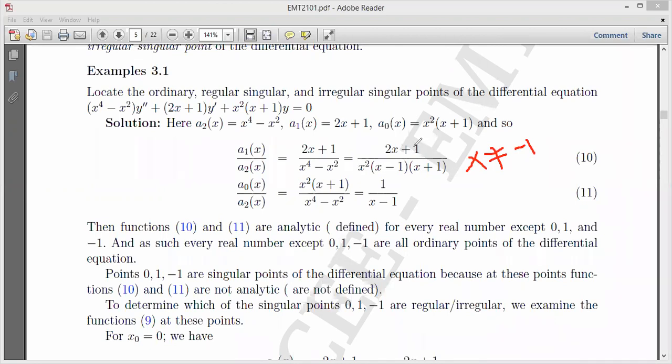That would be non-analytic because it will not be defined. Then if x is 0, there is x squared here, it will take this whole thing to 0. So it means that one also constitutes another point where this whole function would be non-analytic. And of course, x equal to 1. Here you have x minus 1, x being 1, this whole denominator also disappears. You end up with that situation.